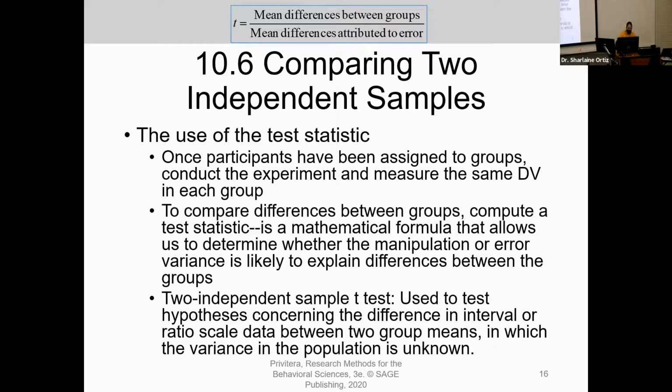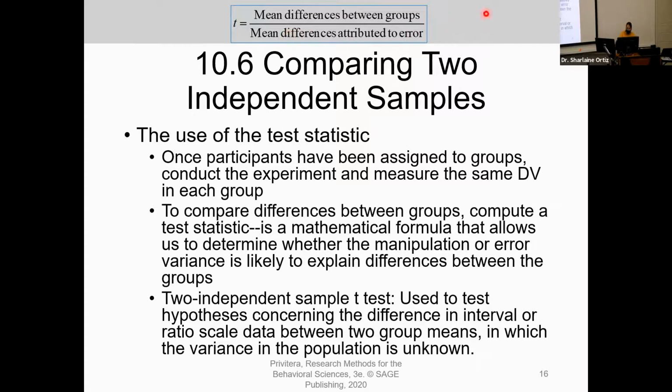Notice that what I'm trying to do is, if I have a smaller error of variance, what is going to happen is that I have less overlap in my scores. So it is more likely that it was that manipulation that caused that factor. So the smaller this number is, the more likely I am to attribute that these differences occurred because of my manipulation. Keep that in mind.